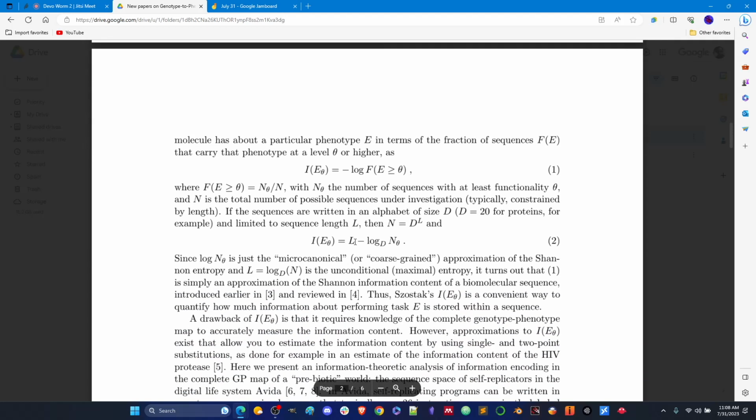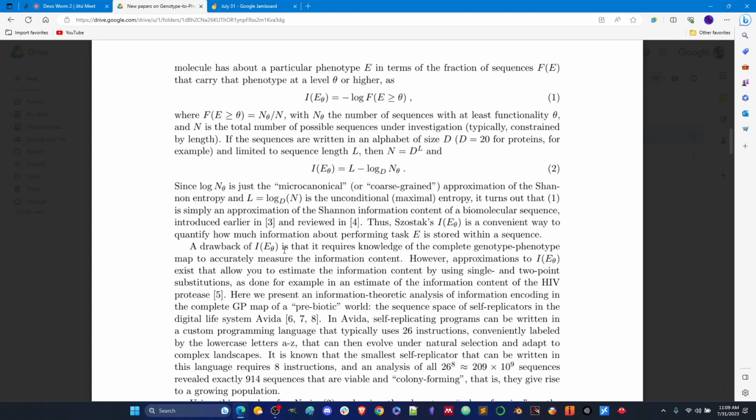So we're just multiplying L into the information. N equals D to the power of L, so you have log D and then L minus that, and then that's your information.